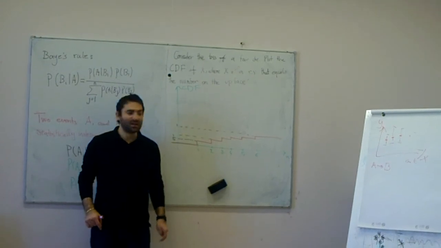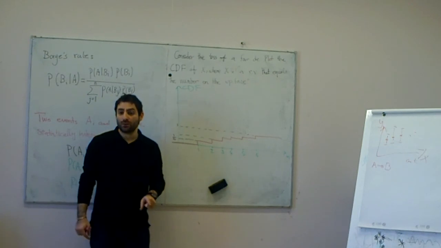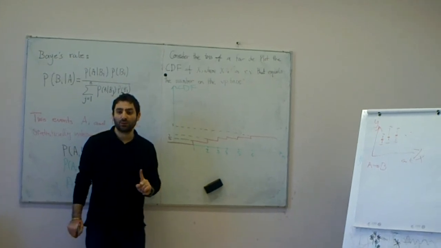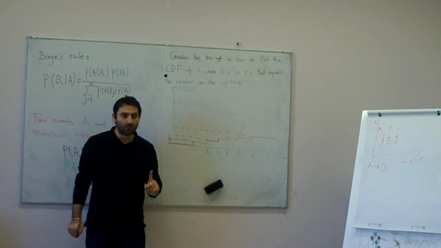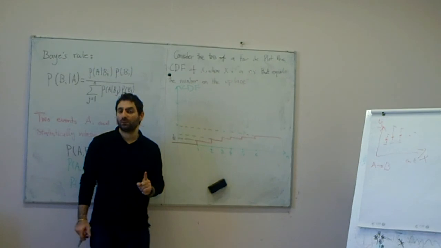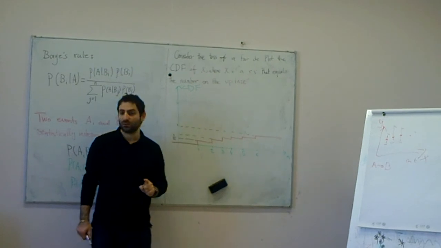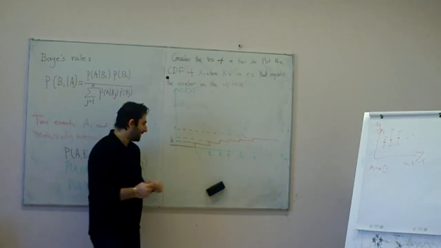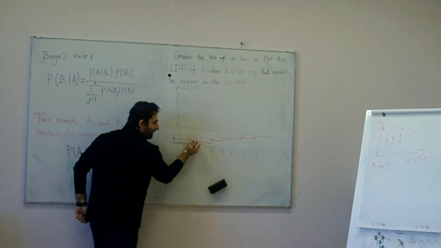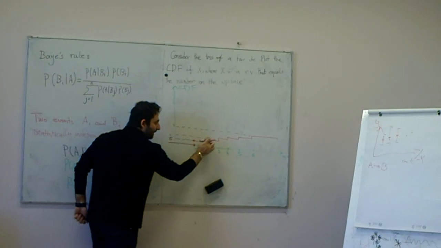1 over 6. If x is less than 2, what is the value? Equal or less than 2, 1 over 6. What about if x is equal to 2, I mean less than or equal to 2? 2 over 6. In other words, we have to draw it in this form. Here it is empty, here it is full.